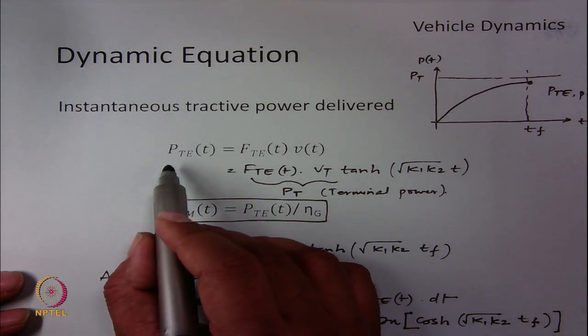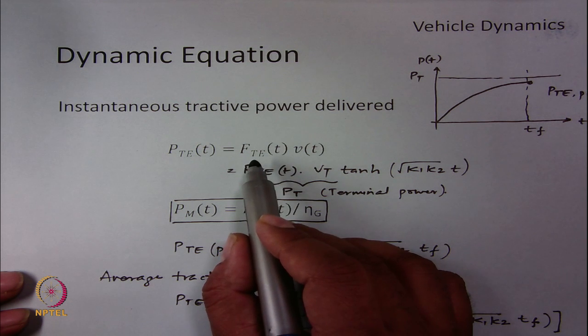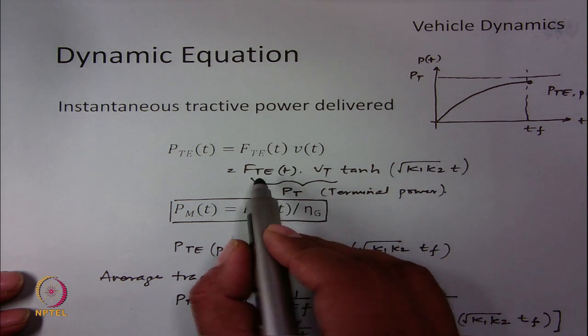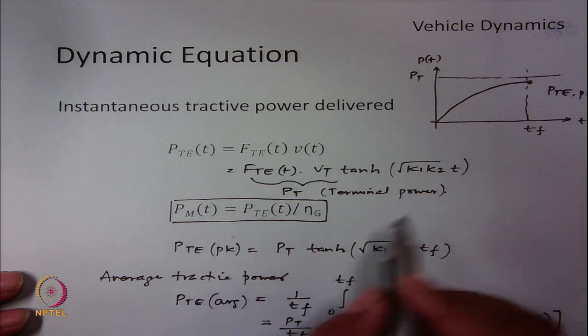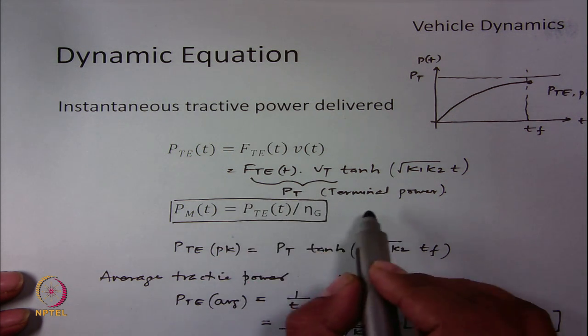P tractive effort is a product of F tractive effort into velocity. So, this can be just written. This is a constant number and V t is also a constant number. These constant numbers can be clubbed and we can say that this is nothing but the terminal power.